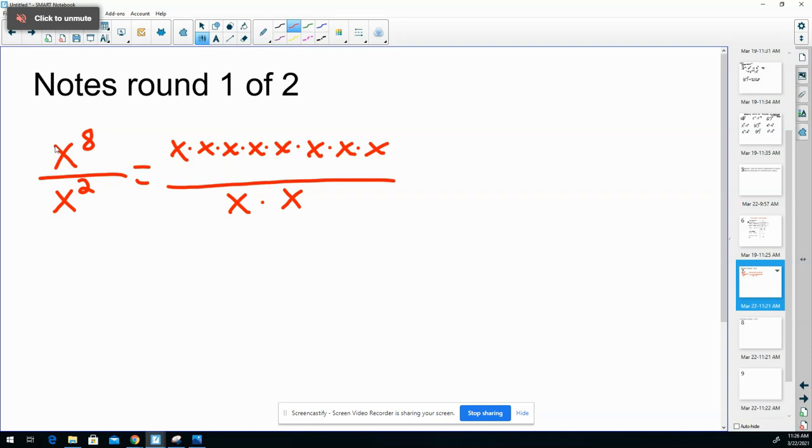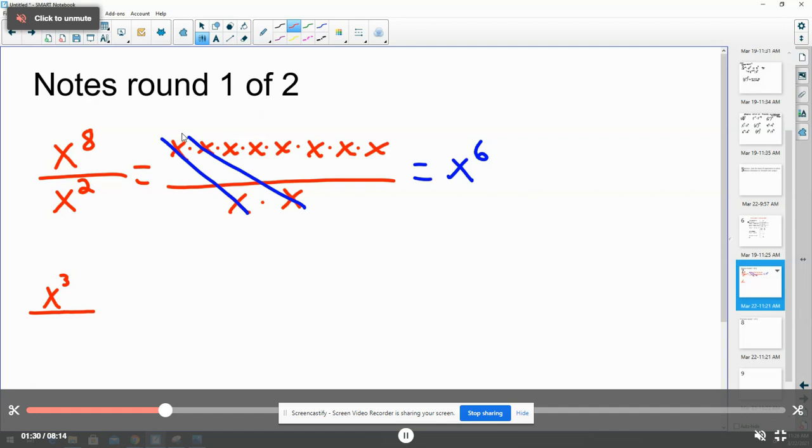Now what I can do with this quotient rule is I can cancel, right? 2 x's on the top, 2 x's on the bottom. So I get x to the 6th. And coincidentally, 8 minus 2 is 6. So I'm basically just subtracting the exponents because here we're canceling these sets of x's.